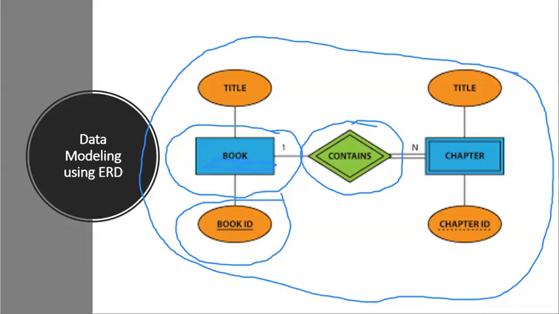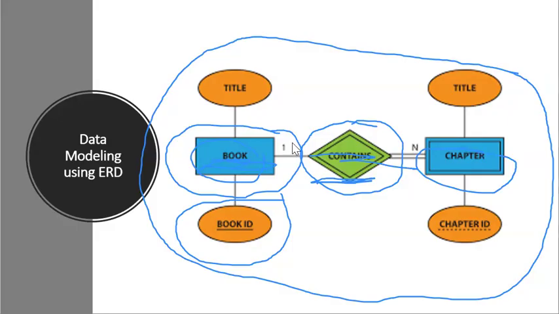So each of these entities represents something that must be stored in the system. Okay? And the lines that connect the entities represent the relationship or the association. They're just telling us how the entities interact. So as you can see here, a book contains a chapter, right?